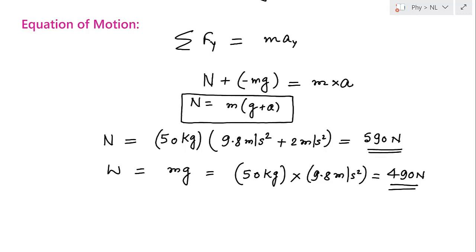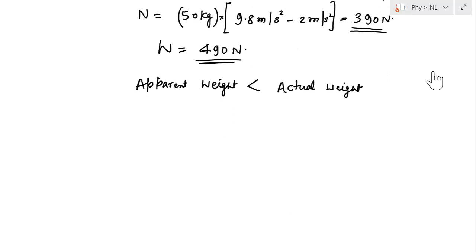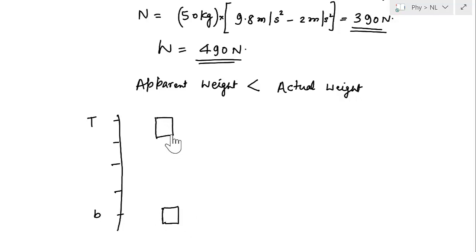So I can summarize this fact. In fact, all of you have experienced this. For example, if you are going inside an elevator, so let's say this is a multi-story building, this is the top floor and this is the bottom floor. So if you are coming from top floor to the bottom floor, initially this elevator will start from zero velocity and it will accelerate, its speed increases.